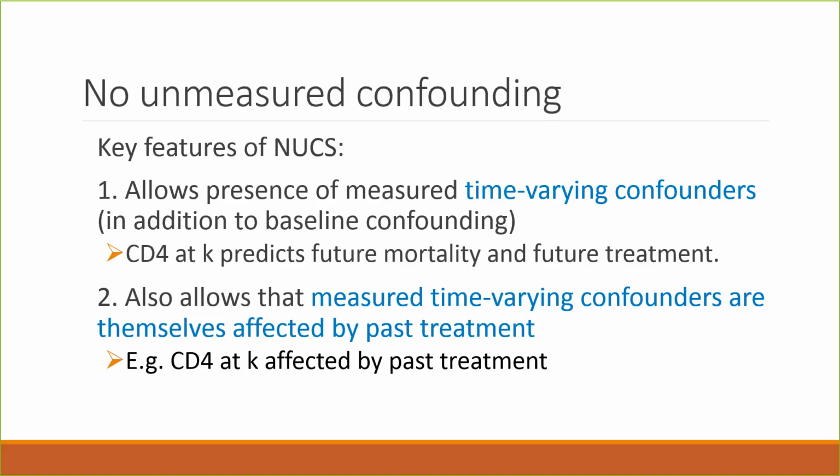For example, CD4 cell count in month k is measured, and we know it's predictive of future mortality risk, and it's also independently predictive of whether you will receive treatment at a subsequent time, because the doctor looks at your CD4 cell count to assess whether to treat you. So it's a confounder, and it varies over the course of the follow-up after that baseline randomization time.